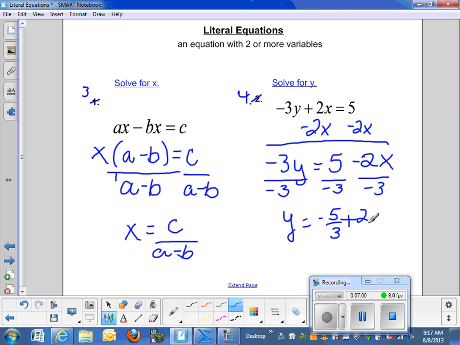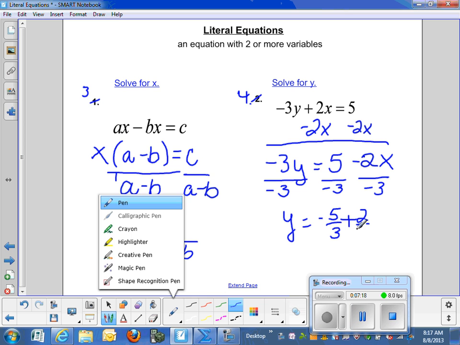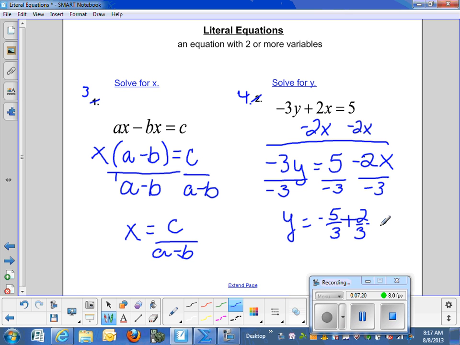So it's plus 2/3 x. So now I've rewritten this formula. Given an x value, I can easily plug it in to get the y. And that's how you solve literal equations.